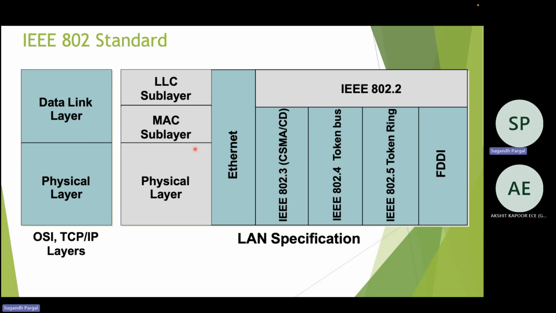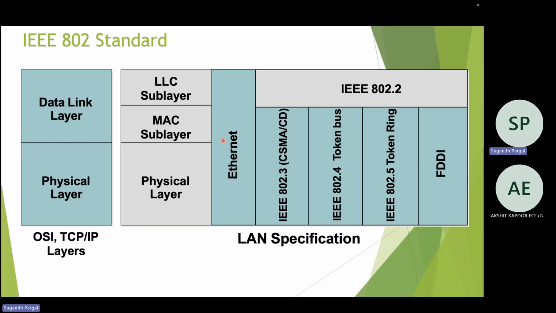For that purpose, we have the Ethernet protocol, which is the IEEE 802 standard. The data link layer and physical layer collectively implement the protocol known as Ethernet. You can see here that the data link layer is bifurcated into two parts: one is the logical link control layer, and one is the medium access control sublayer.